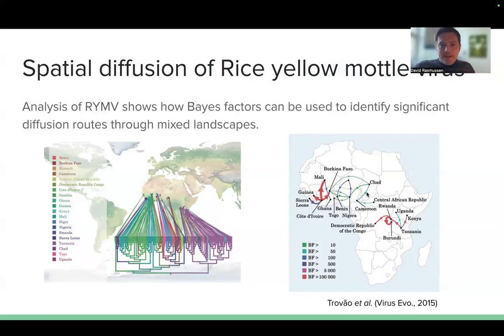And so based on these Bayes factors, we can see that there are essentially two different subnetworks here, right? We can see that there's a high amount of connectivity in Western Africa, especially along the Atlantic coast. And that there's a well-connected network of movement in Eastern Africa as well, but there's not much movement throughout Central Africa.